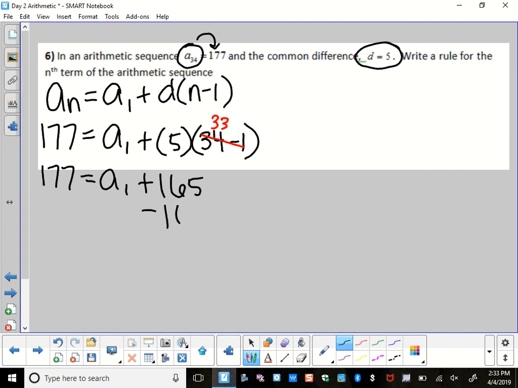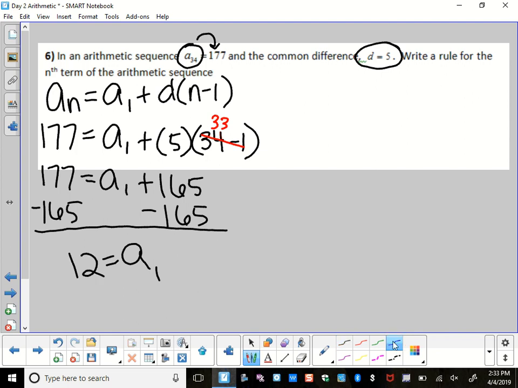If I want to solve for A1, what do we get? My first term is equal to what? 12. Good. Alright, this is the part I want you to try. You have to make your rule.